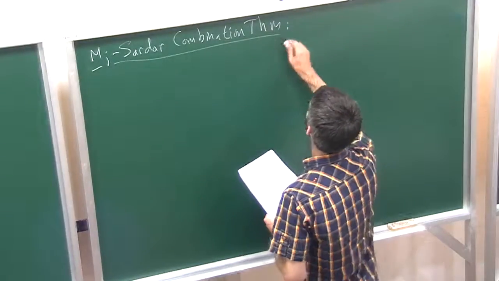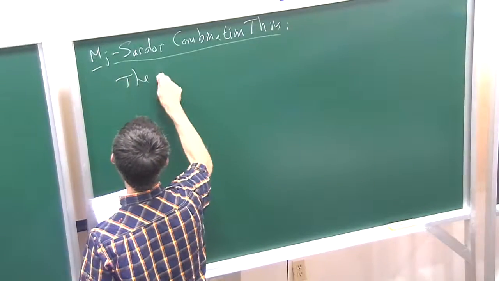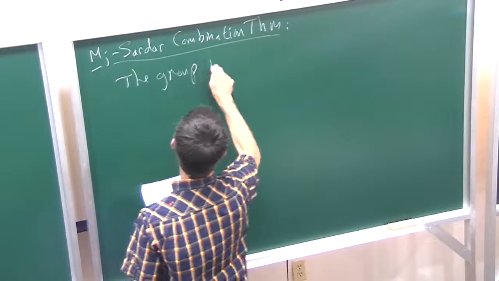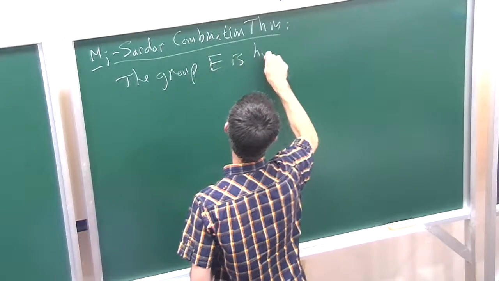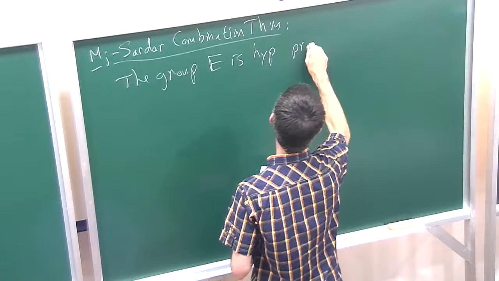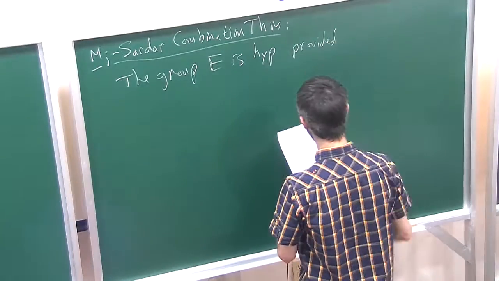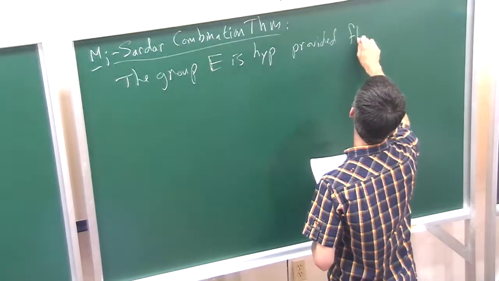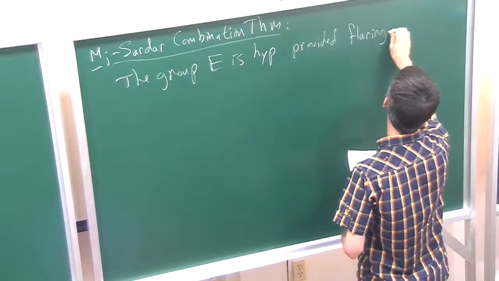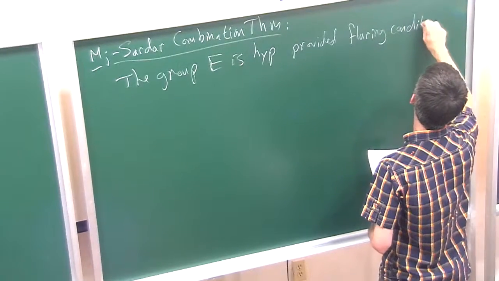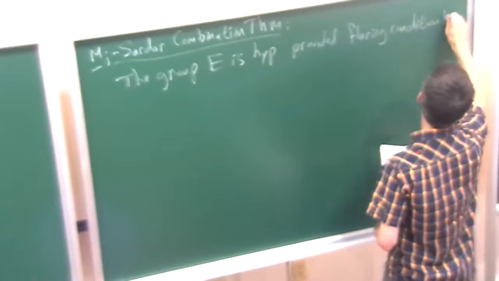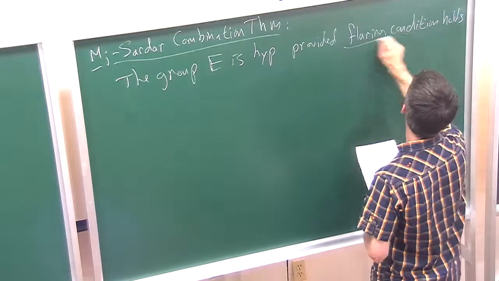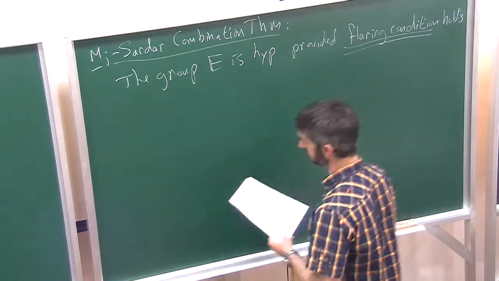So it says that the group E is hyperbolic, provided the flaring condition holds. So what is the flaring condition? I'll just tell you what it is now.